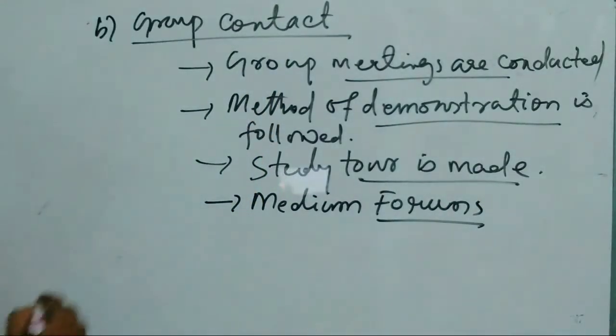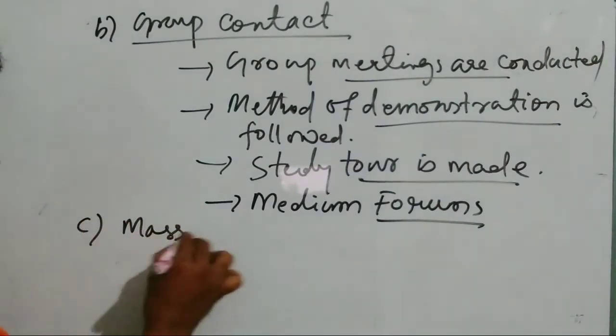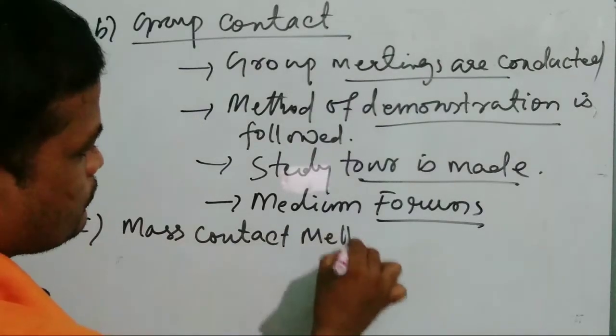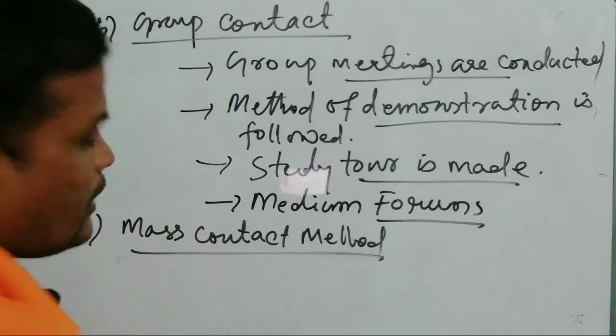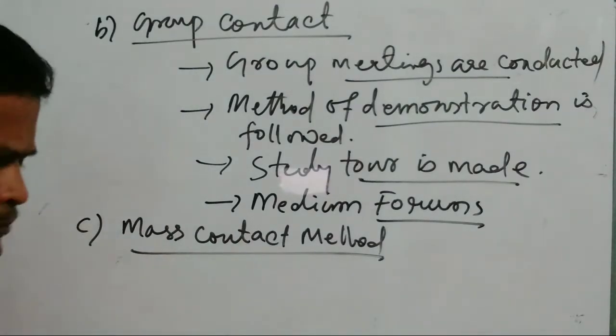Next we come to the mass contact method, number C. How do we contact the mass of people in this method? Through broadcasting.